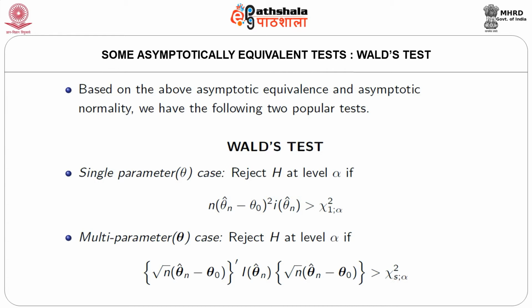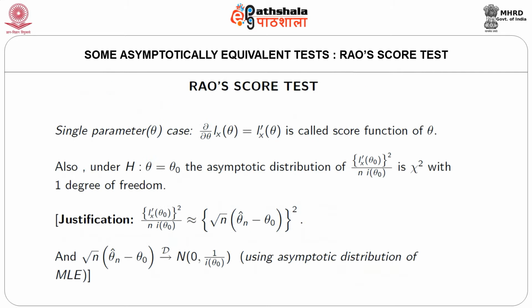Theta n hat curl denotes the maximum likelihood estimator of the vector theta curl, and the matrix I theta n hat denotes the Fisher's information matrix.